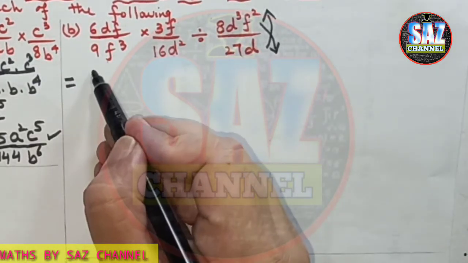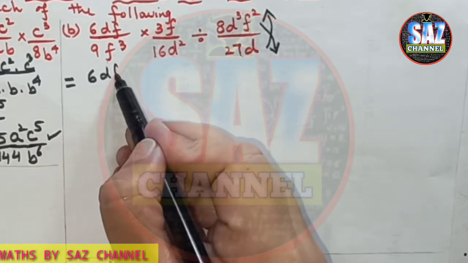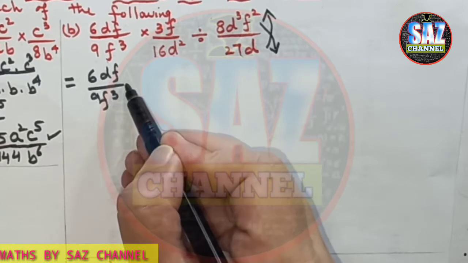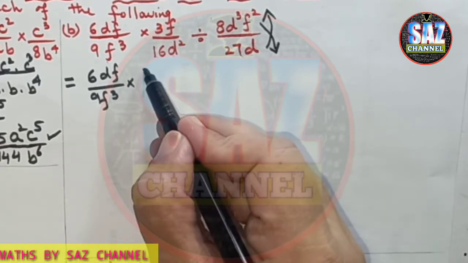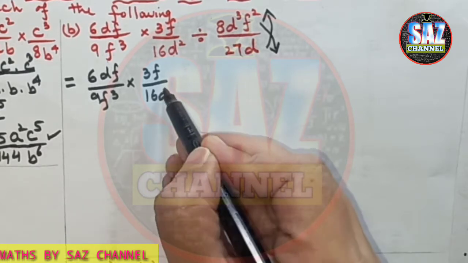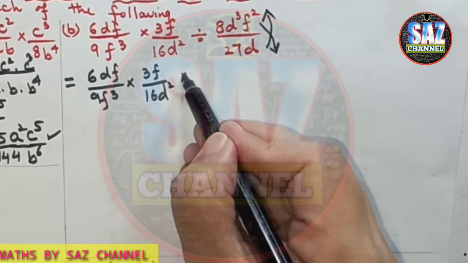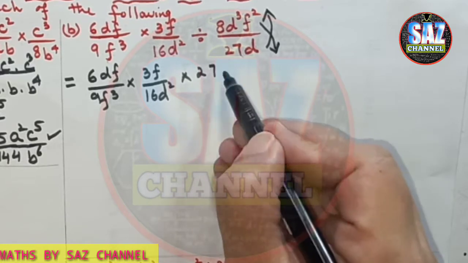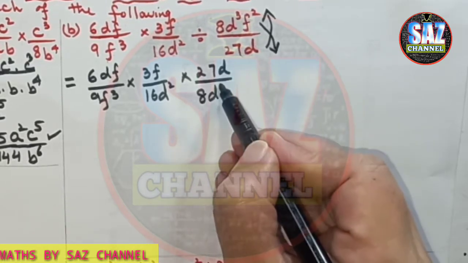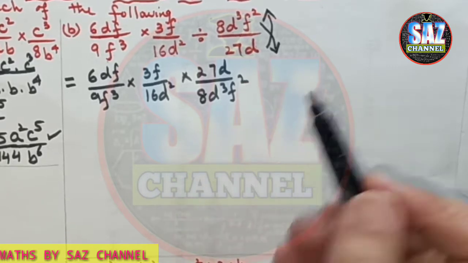My next step will be 6df upon 9f cube multiplied by 3f upon 16d square multiplied by 27d upon 8d cube f square.